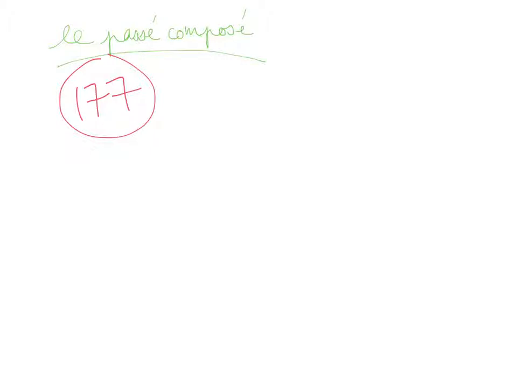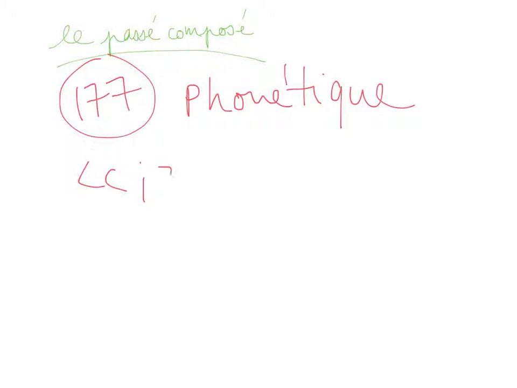These verbs are a bit different because they do not end in A. If you consider the phonetic, this is what it's going to look like. You're going to have the verbs that end in E, verbs that end in U, and we're going to have the other ones.